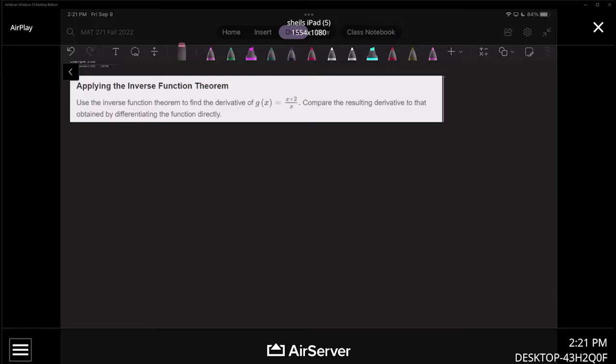So I guess we could just find the inverse of this function to find f of x, right? So to find the inverse of this function, we could set y equals x plus 2 over x. I like to swap the x's and y's here and then solve for y.